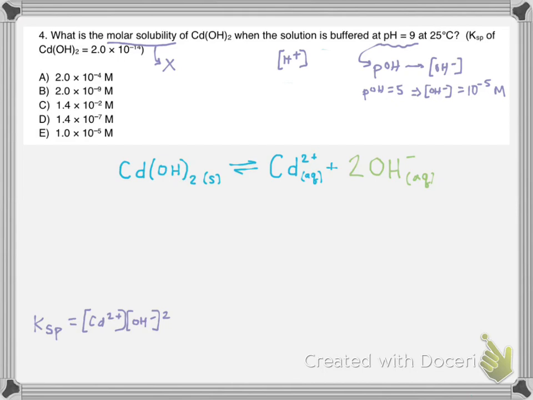So now we can go ahead and set up our ice table. We're going to disregard the solid. We haven't started with any cadmium, so we're going to have 0 molar of that to begin. But we know how much hydroxide we have floating around. We figured that out from the pH, and this is just going to be 10 to the minus 5 molar.